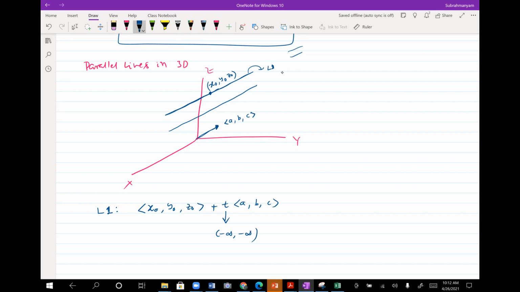It can take any real value here. So for negative values of t, I would be moving in the direction to the left, and to the right of that point, I would move by taking positive values of t. Of course, t equal to 0, I would stay at x naught, y naught, z naught itself.